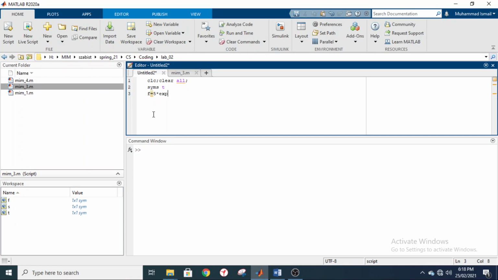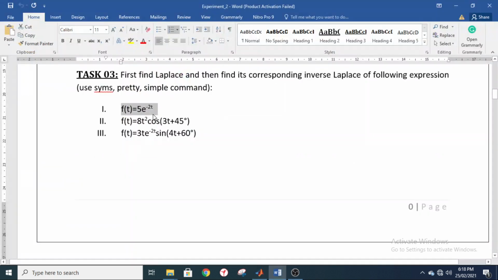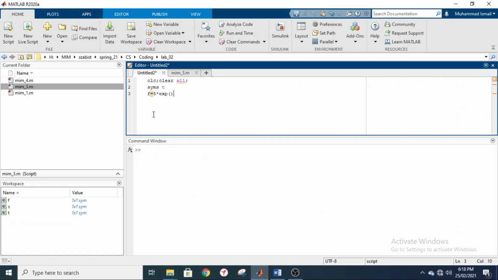For the exponent we will write exp, because it is the defined function in MATLAB, then a bracket and minus 2 times t. Okay, let me run this.